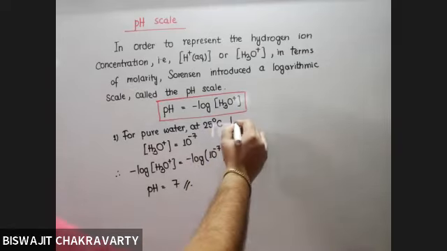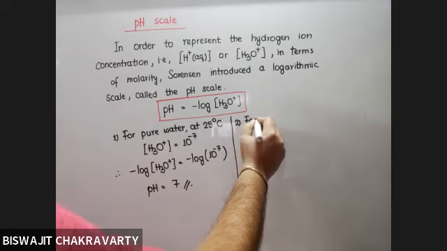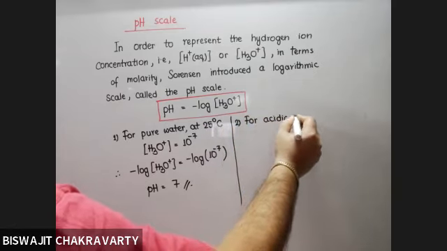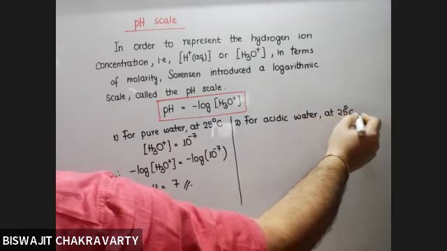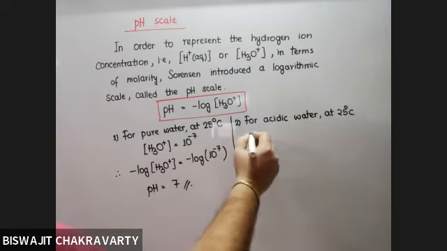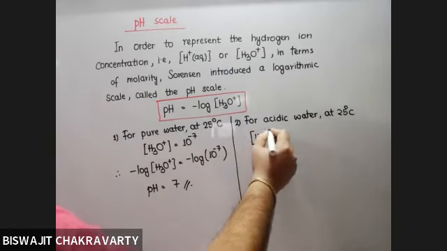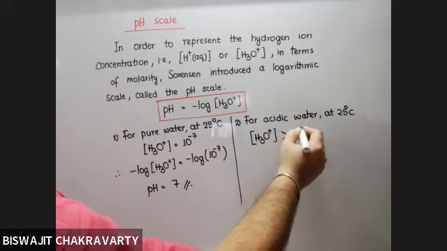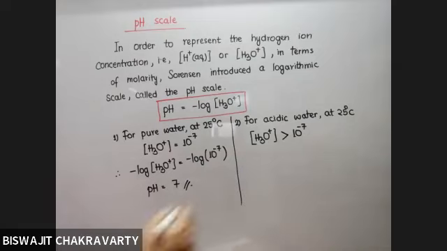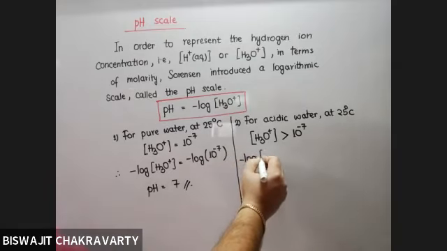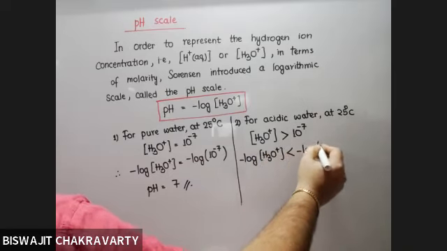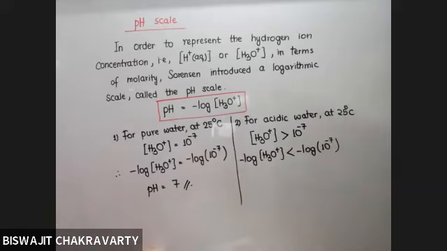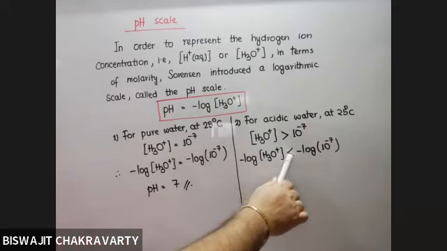Okay, now for acidic water at 25 degrees Celsius, we'll keep the temperature same. H3O plus was greater than 10 to the power minus 7. So minus log of H3O plus will become less than minus log of 10 to the power minus 7. Yes or no? Yes, sir. Have you noticed if this is greater than, this becomes less than?